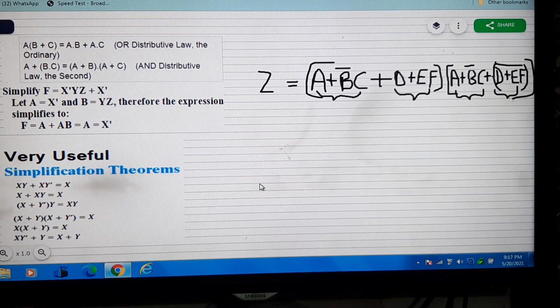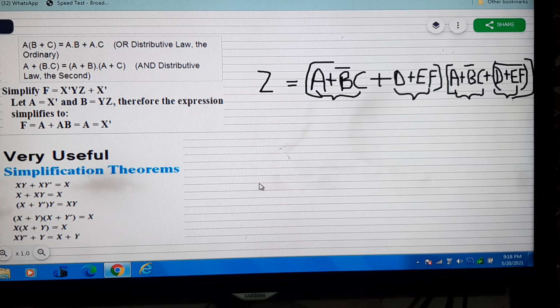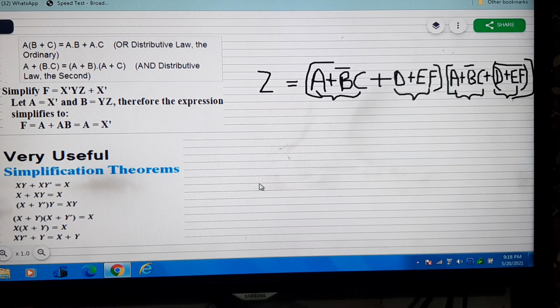Welcome all. In the previous three videos, we have learned that through Boolean algebra simplification, a Boolean expression is converted to another form with fewer terms and operations, because each expression corresponds to a circuit of logic gates.